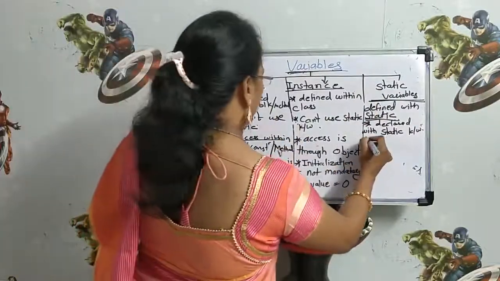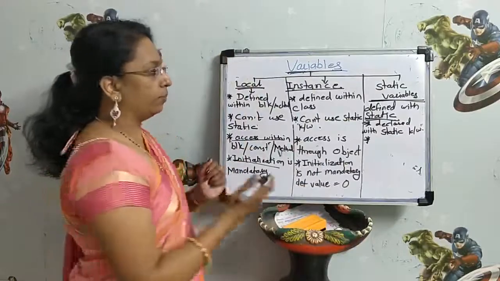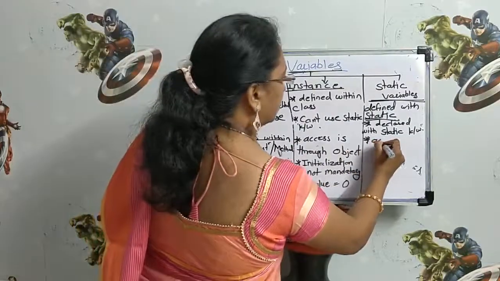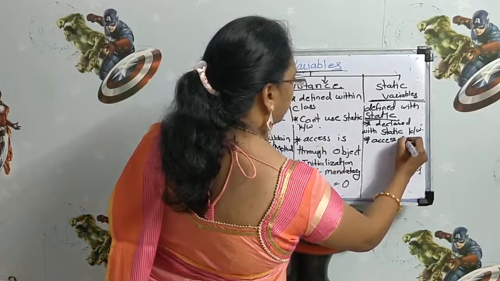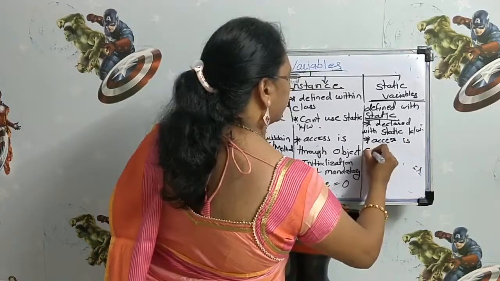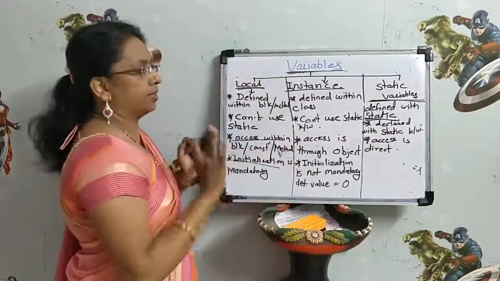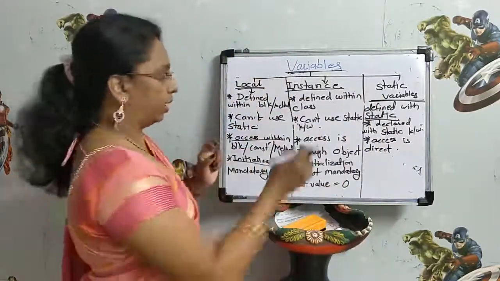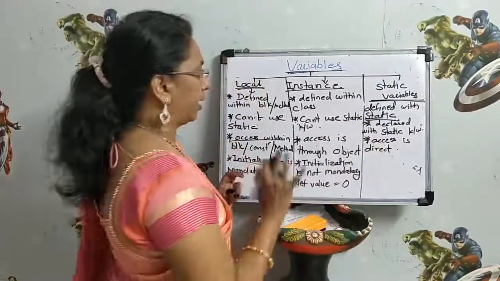Now the third point is all about access. Here you can access this variable directly, no need of an object. In general, it's direct access.